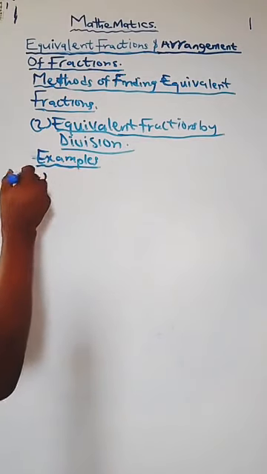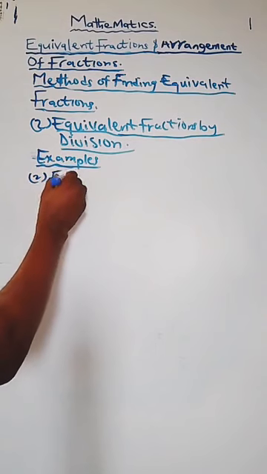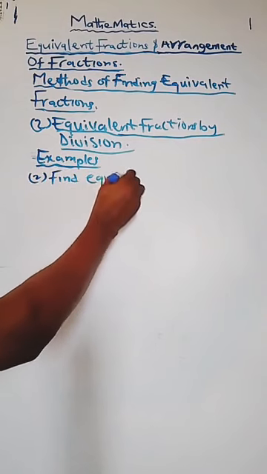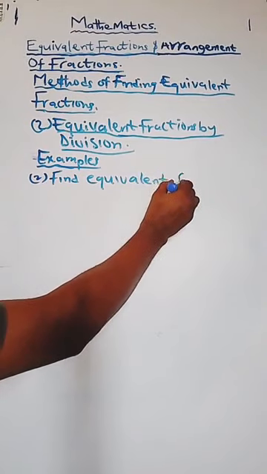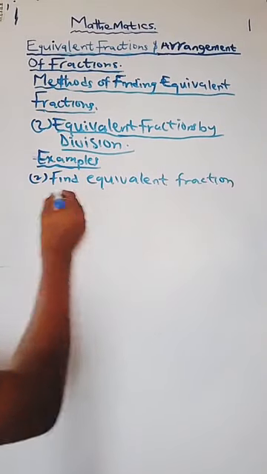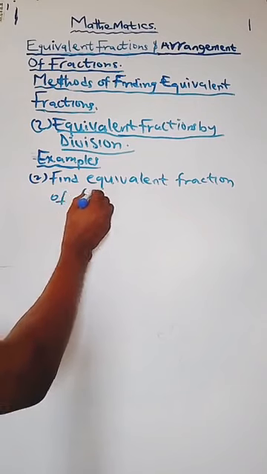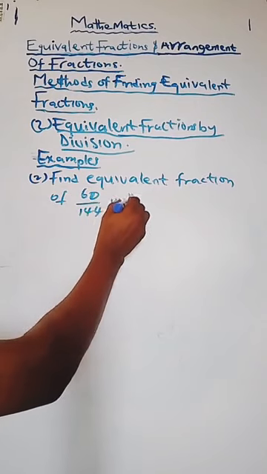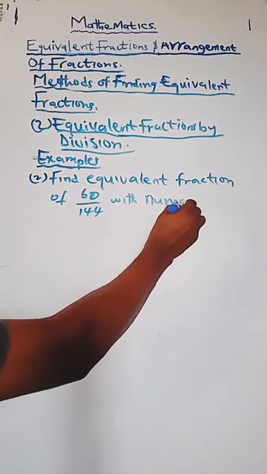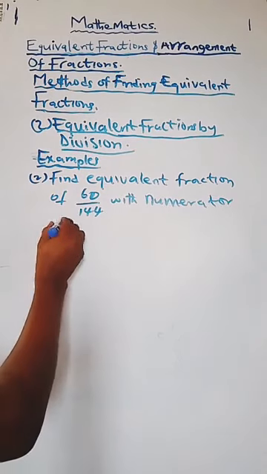Example 2. Let's say you have a question that says, find an equivalent fraction of 60/144 with a numerator of 5.